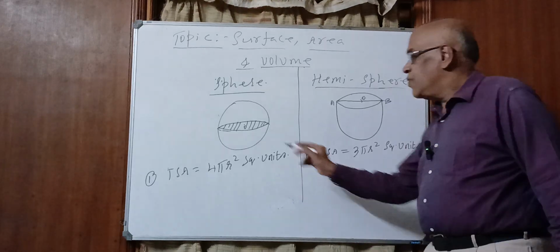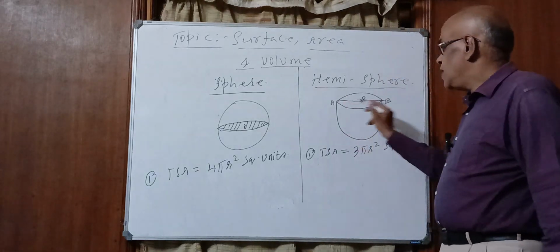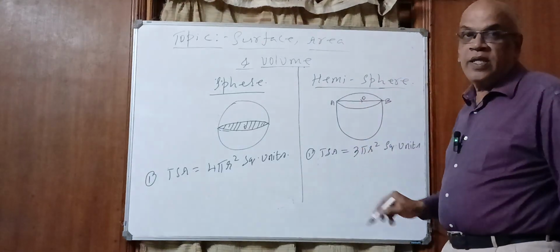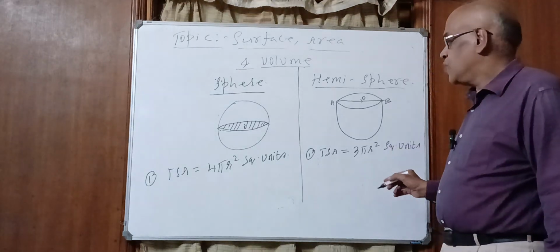You may ask, why it is half of 4 is 2. It is 2 plus there is one more semi-circular top is there. 3 pi r square.